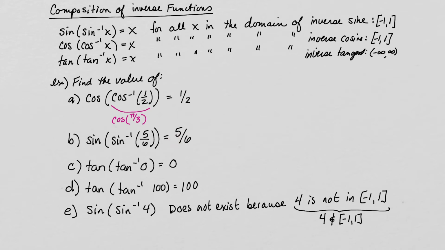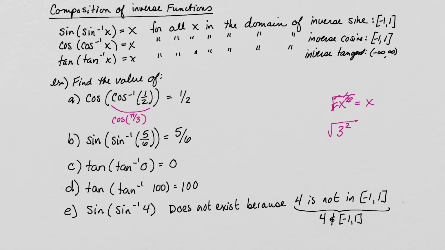The reason it cancels each other out, it's the same thing as if you had an x squared and then you took the square root, and the squared would cancel each other out, and you'd just be left with the x. So you're just left with what you started with. It's kind of like if I took 3 and I squared it, and then I took the square root of it.